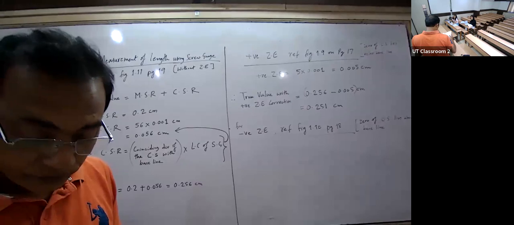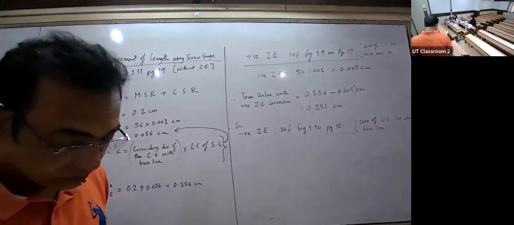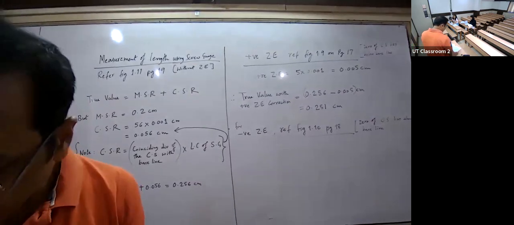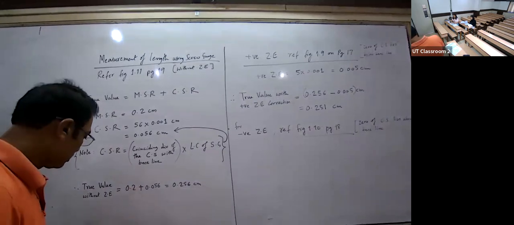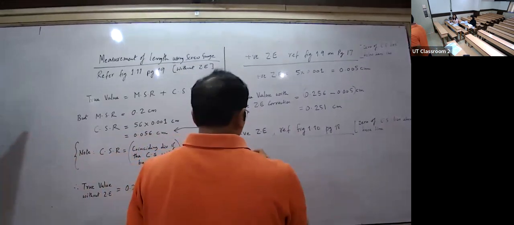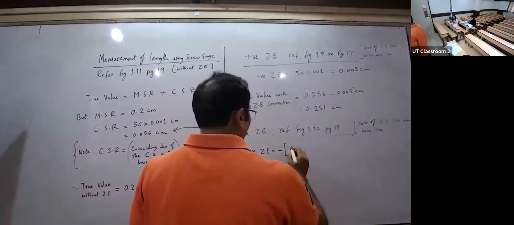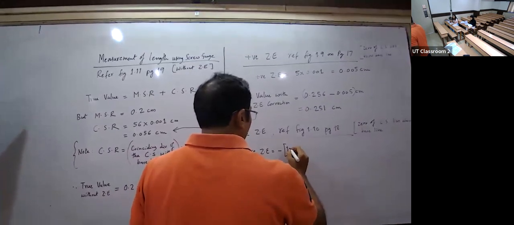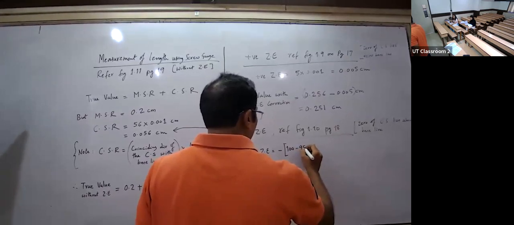Okay. So now come to figure 1.10. So how to calculate negative zero error? Same like vernier calipers. So first you will say negative sign. So negative zero error. First negative sign. Then you have to subtract the coinciding division from the total division. Only in negative case you have to do this.